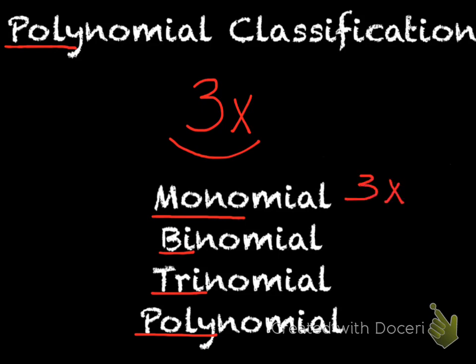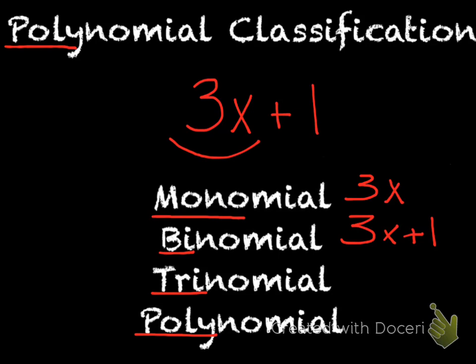3x is a monomial. Now, if I said 3x plus 1, now I have two terms. I can't combine 3x and 1, and now I have 2, and bi means 2. So a binomial, 3x plus 1. Now, how can I keep with this fun little 3x and the 1 and just keep changing it up?